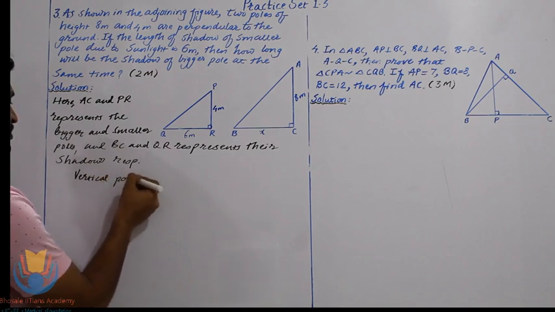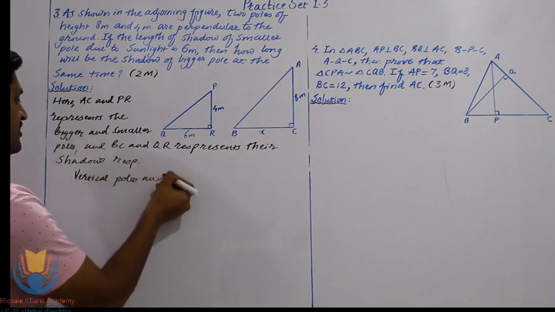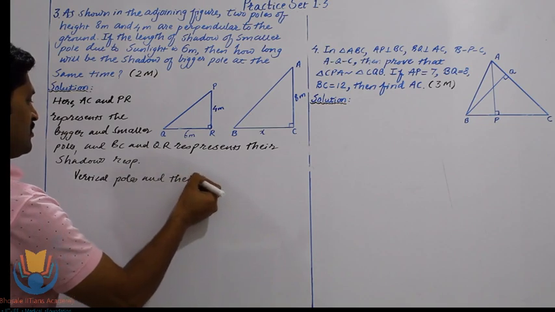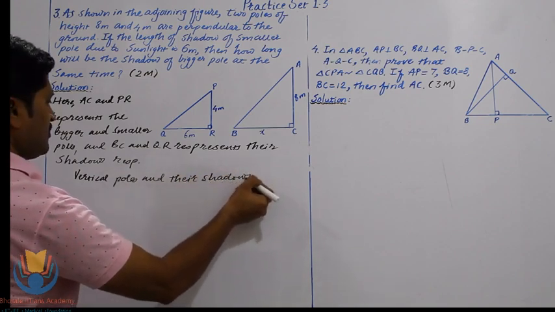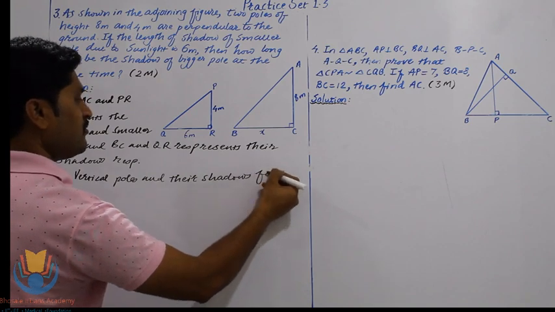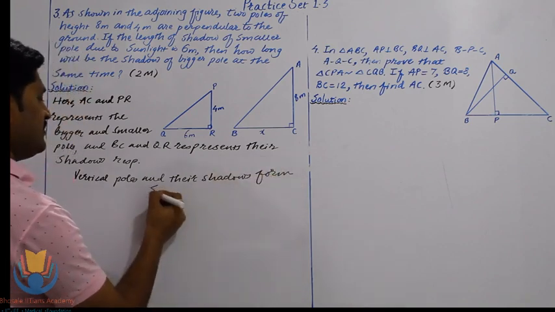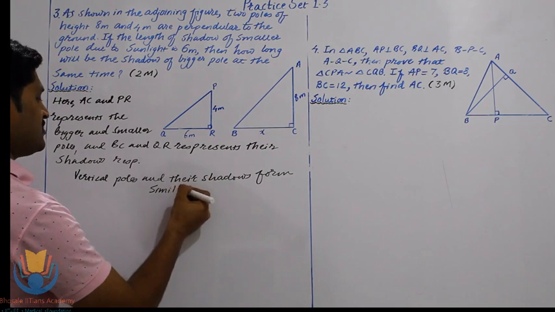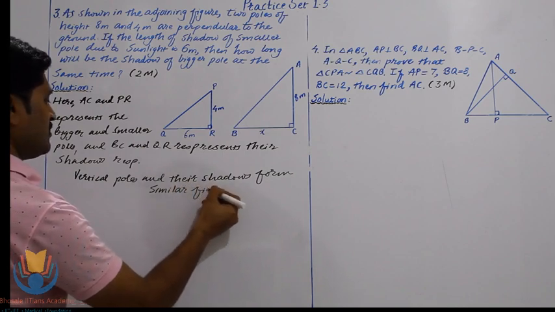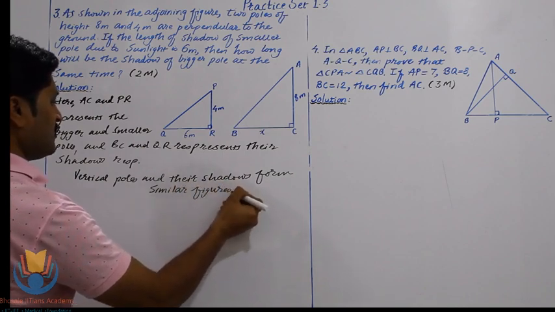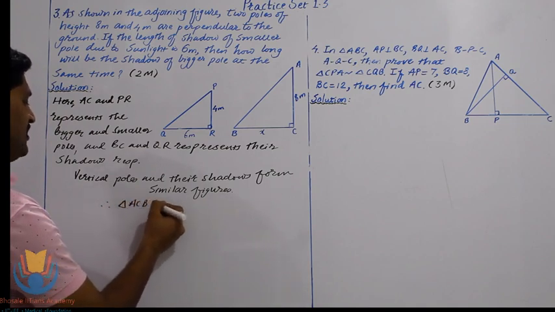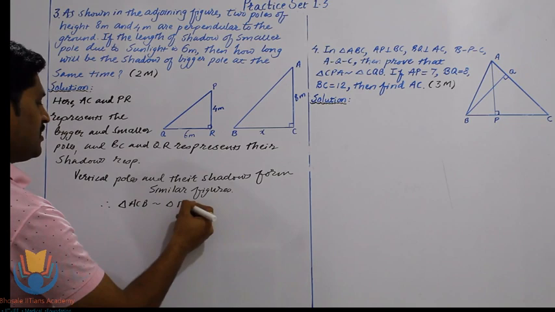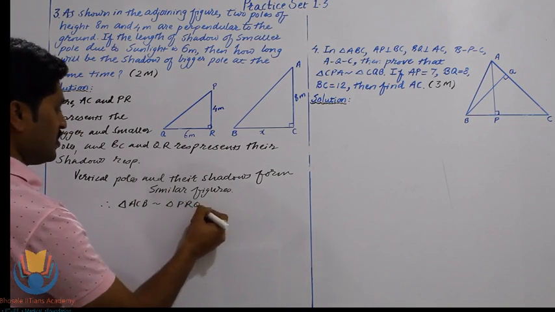Vertical poles and their shadows form similar figures. That means here triangles. Therefore this triangle ACB will be similar to triangle PRQ.